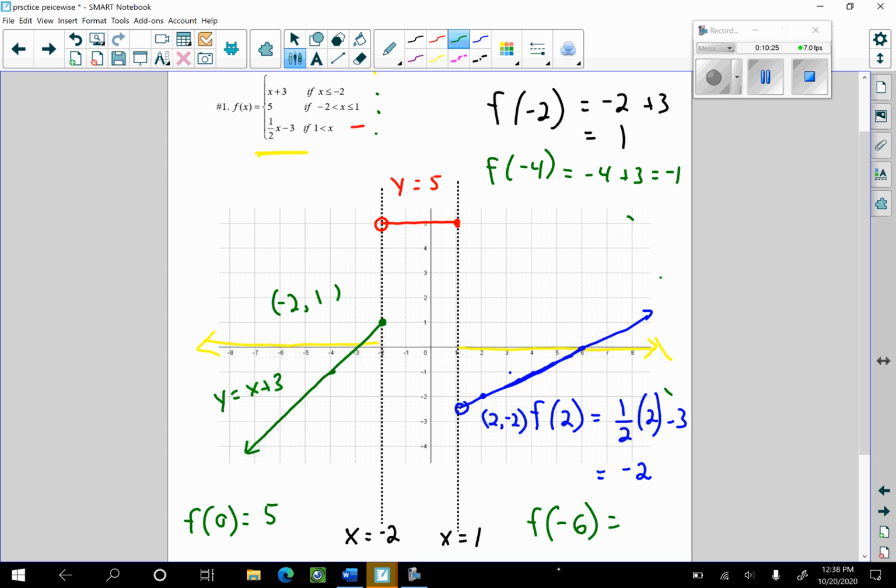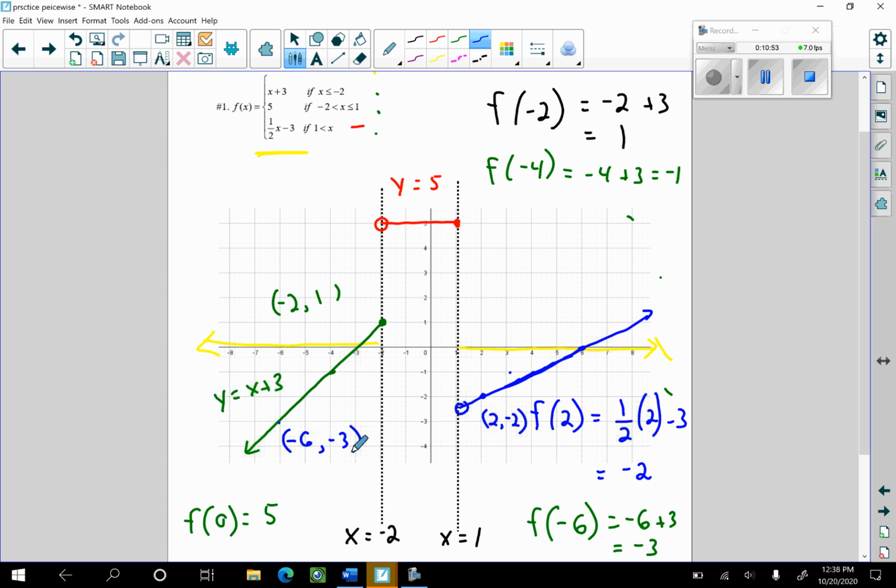So I'm going to use the top rule. This is like one of those function machines that has 3 different rules in it. So I'm going to put -6 in this top piece. So this is going to be -6 plus 3. What is that? -3. And look at that, right there, that point is (-6, -3).